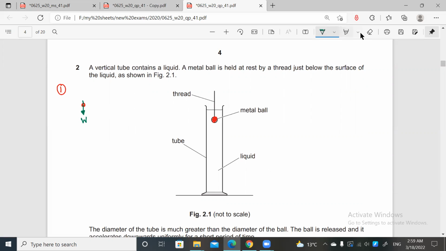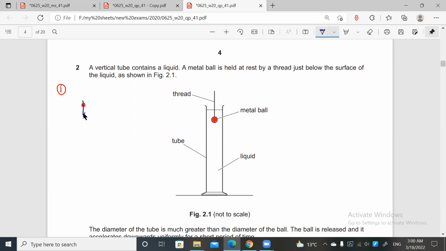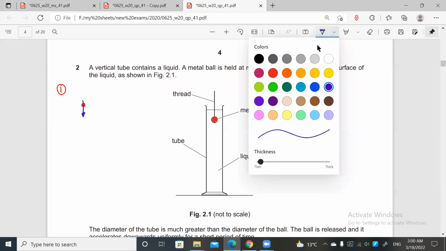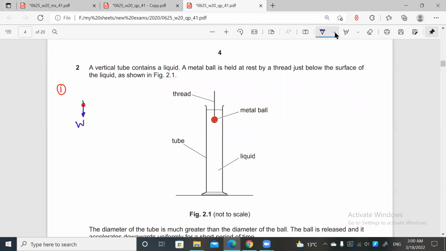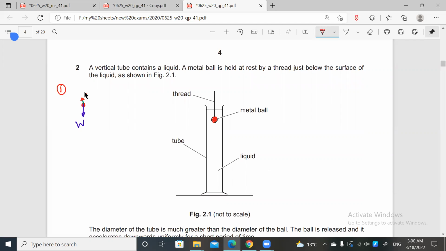But at the beginning, its weight is bigger than the resistive force. R represents the resistive force or the dragging force. So in the first stage, the resistive force is smaller than the weight.